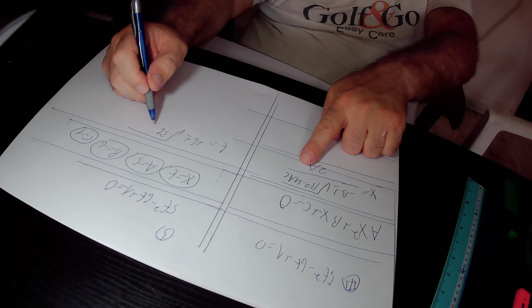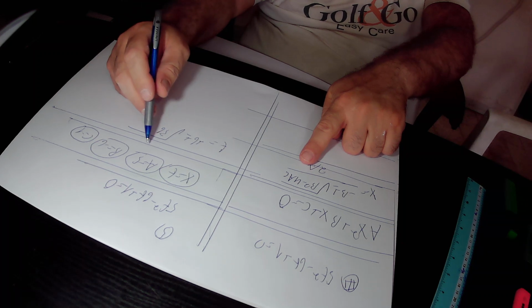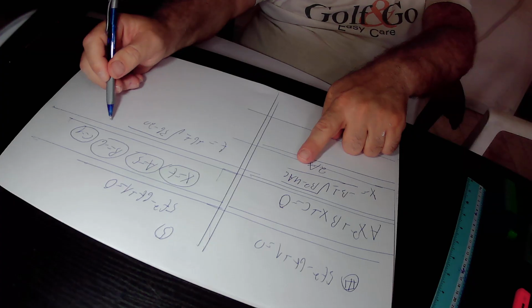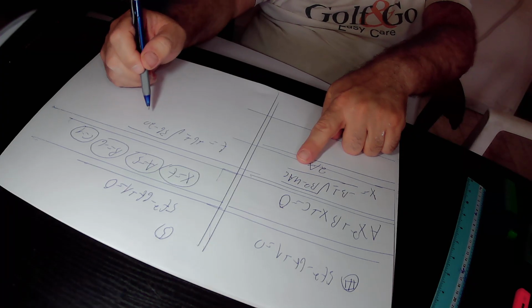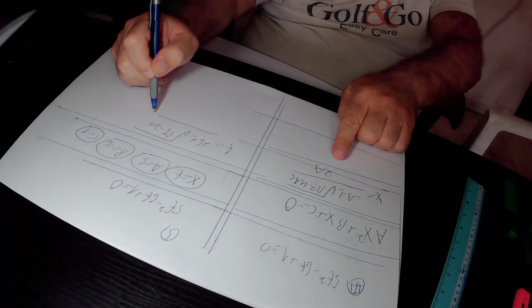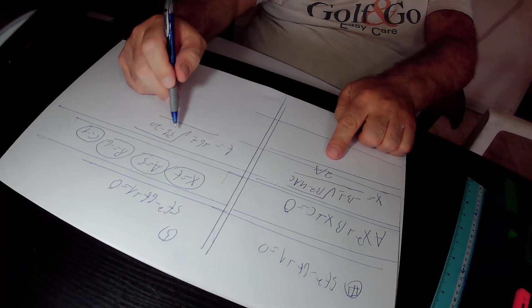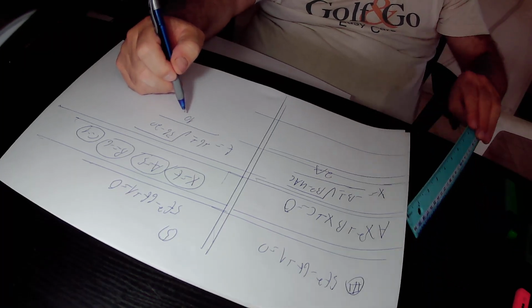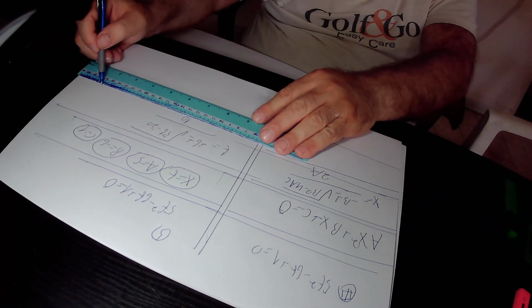Minus 4 times a, where a is 5, so minus 4 times 5 is minus 20, times c, which is 1, so minus 20 times 1 is minus 20. So inside the root we have only 36 minus 20, divided by 2a. a is 5, so 2 times a is 2 times 5, that is 10.